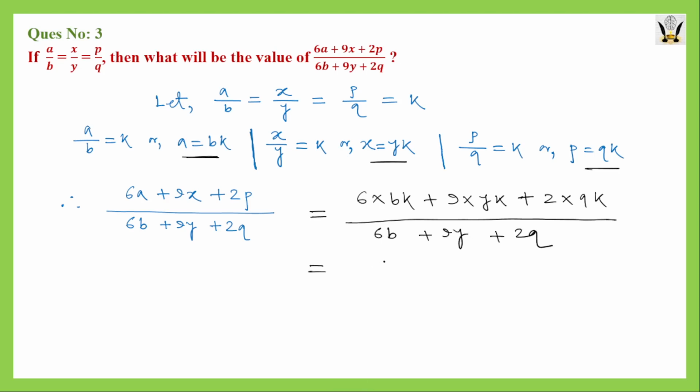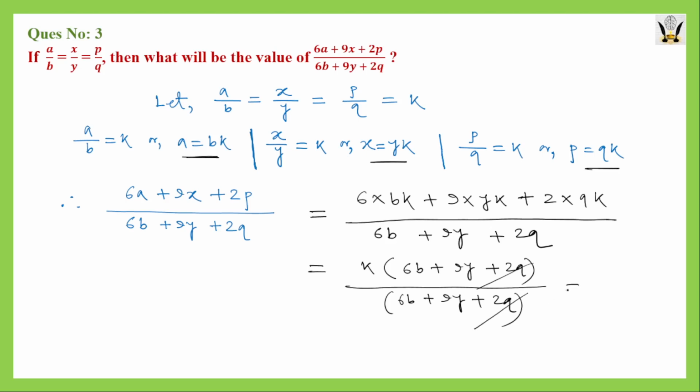Now if we simplify further, k is the common factor in all three terms of the numerator. So taking k as a common factor, in the bracket we will have 6b plus 9y plus 2q, and in the denominator also we have 6b plus 9y plus 2q, and these two factors are the same, so they will cancel each other, and what we get as the final result is k.